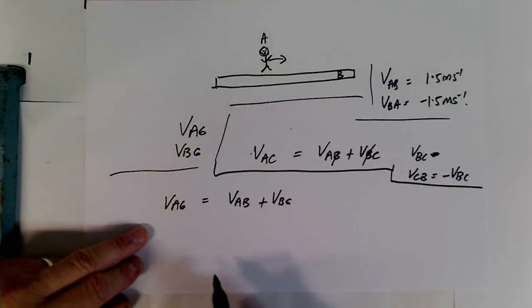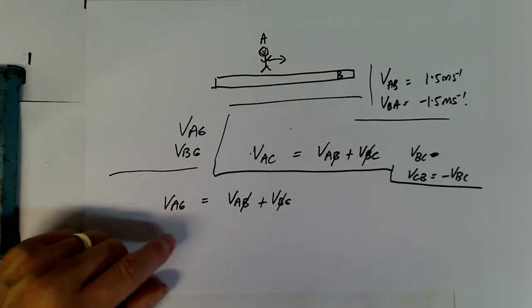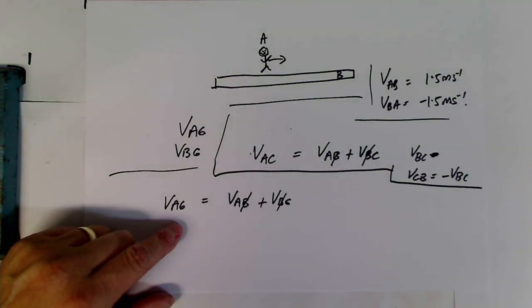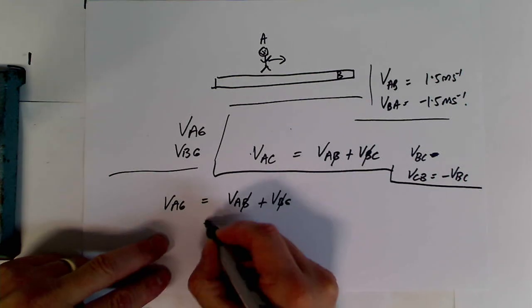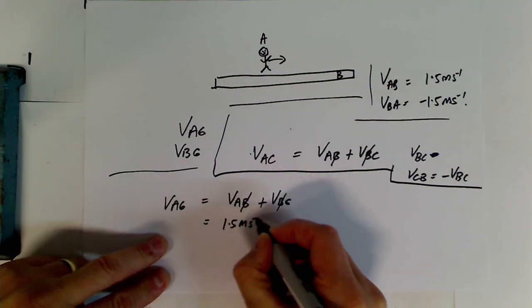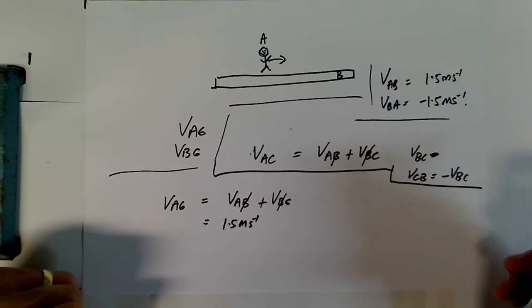That would give me the vector equation I'm looking for. Now, we definitely have VA relative to B. That was 1.5, so we can say that's 1.5 meters per second. But we don't know VB relative to ground and VA relative to ground, so we need some information to help us with that. At this stage I can't immediately solve it. We just know their velocities relative to each other.